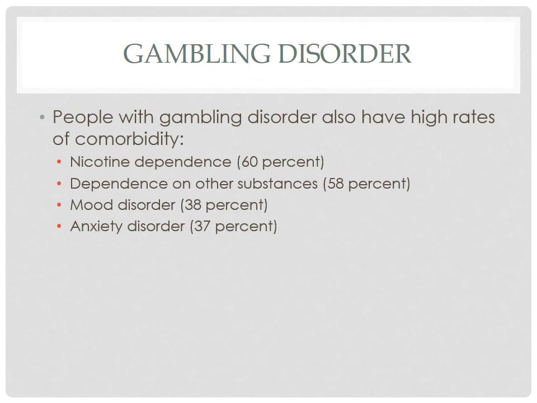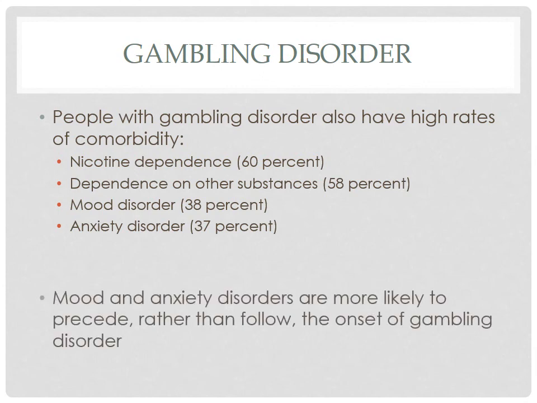Similar to the other substance use disorders, we see a wide variety of comorbidity. So we see nicotine dependence, substance use dependence, and then again, not surprisingly, the mood and anxiety disorders, which are coupled together as they are in the other substance use disorders. Interestingly, mood and anxiety disorders are more likely to precede rather than follow the onset of gambling disorder.